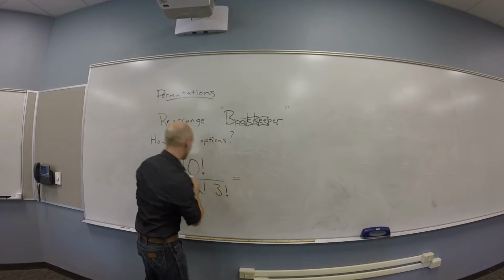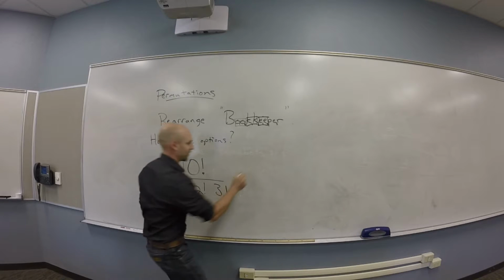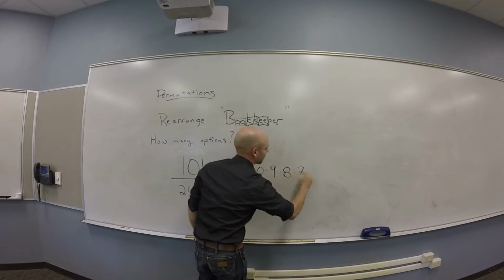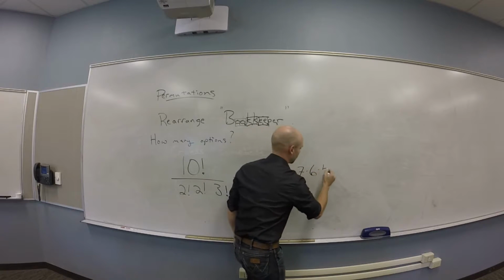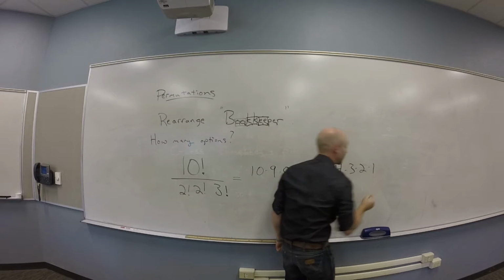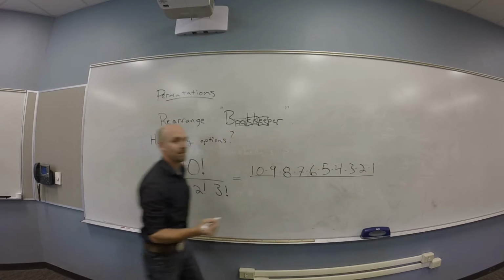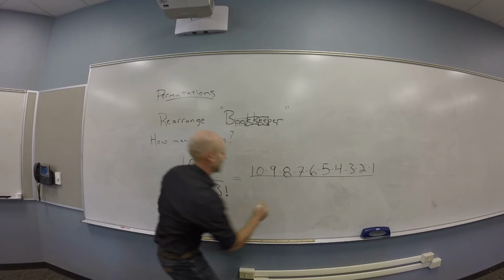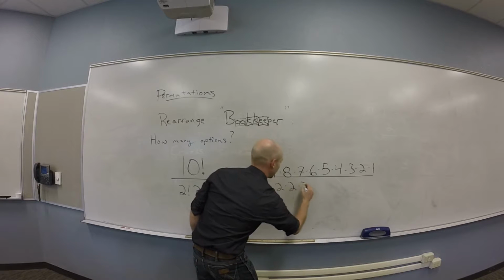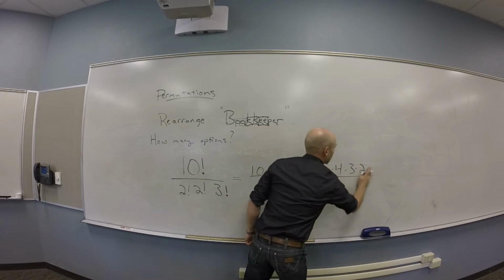So, what does the 10 on top mean? It's 10 factorial, so it really means 10 times 9 times 8 times 7 times 6 times 5 times 4 times 3 times 2 times 1. What does all that on the bottom mean? There's 2 times 2 times 3 times 2, and I stopped writing ones because I got bored.